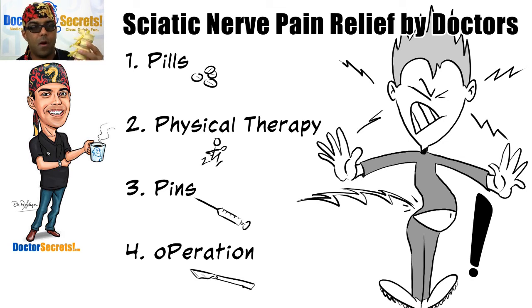And there's many different operations that can be done. The most common would be a discectomy, where you basically trim away the bad segment, the bad disc edge here that's impinging against the nerve. There's also rodding procedures where you basically place a rod across the bone, stopping them from moving, reducing pain.